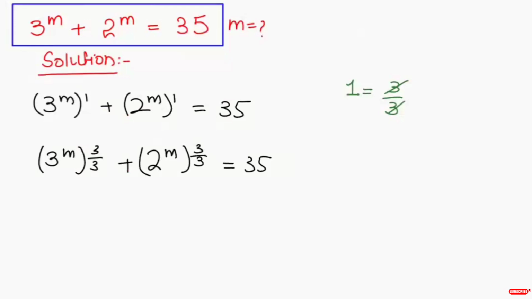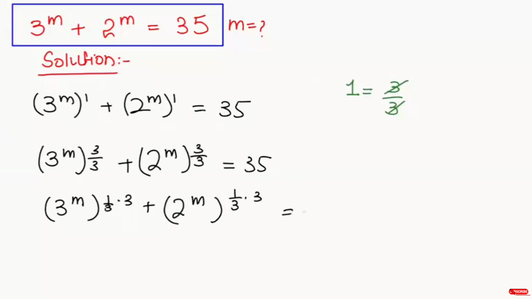Now I am going to separate this 3 from 1 over 3. So I'm going to express (3 to the power of m) whole to the power of 1 over 3, times 3, plus (2 to the power of m) whole to the power of 1 over 3, times 3, is equal to 35.